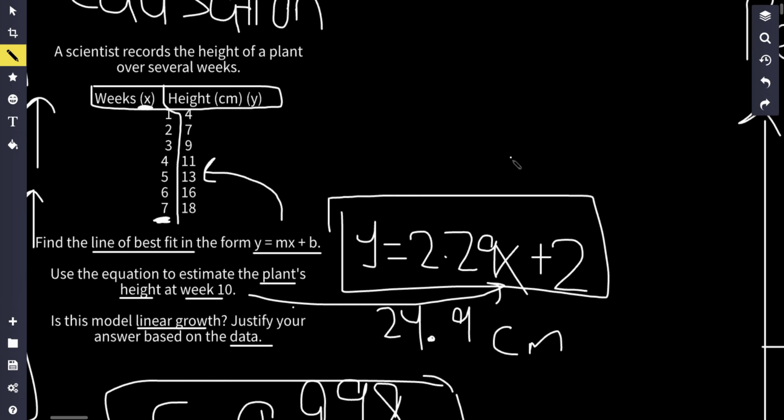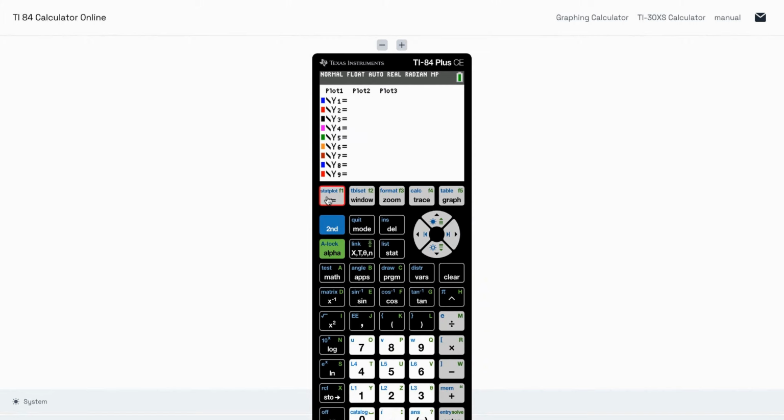What you have to do is, for each respective x value, find out what you get when you plug it into the line of best fit. Let me show you what I mean. Our line of best fit is y equals 2.29x plus 2.